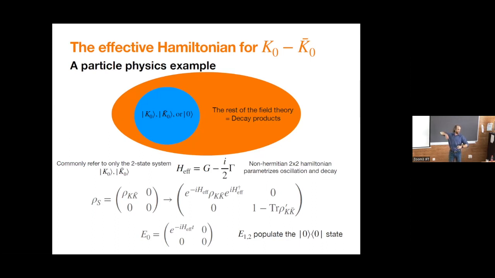But because there are decays of the kaons, the trace of just this part becomes less than 1, so there needs to be a compensating piece at the bottom here that maintains the trace of the overall thing. So now when you calculate the Kraus operators, there's one Kraus operator that implements this effective non-Hermitian Hamiltonian, and then you have two other Kraus operators that serve to populate this block down here. So one does this, and the two others populate this in accordance and to maintain the overall trace equal to 1.